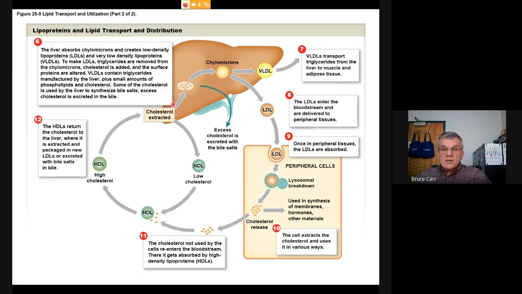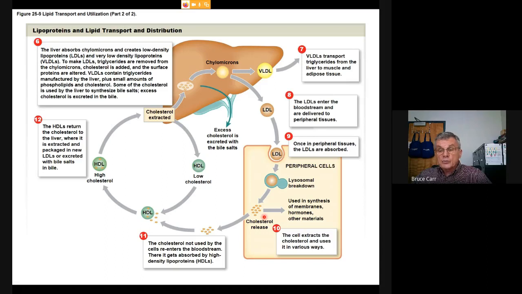The liver is processing them into different lipids. So this is very low density lipoprotein. Low density lipoproteins, the so-called LDL. Out here in peripheral cells, by the way, that means any cell in the body, we break LDLs down to release cholesterol.